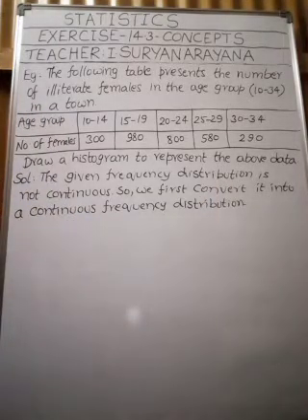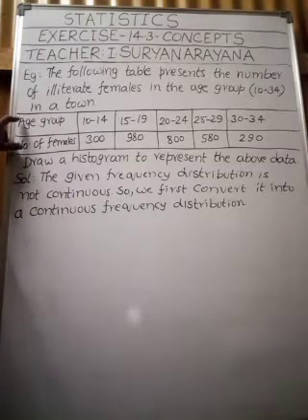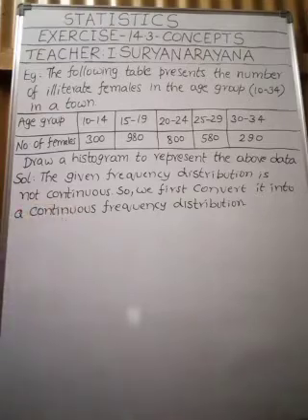Then what are the steps to be followed to make this frequency distribution into a continuous frequency distribution?